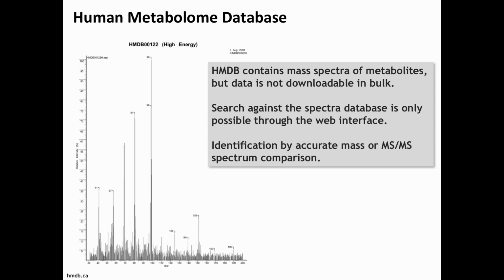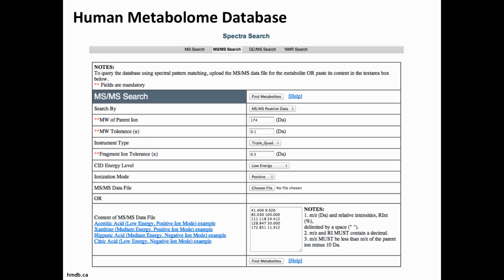And that is why it's essential to do the quantification first, really see what you are interested in, and then you end up not with 10,000 of spectra that you might want to identify, but then at that point you have to go through their interface if you want to identify them. That is what they call the MS-MS search. It's, again, a simple web form.